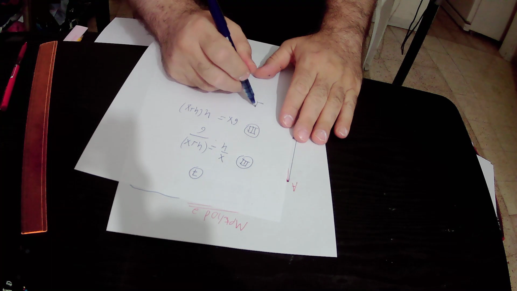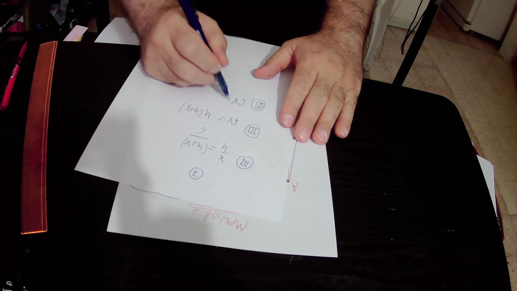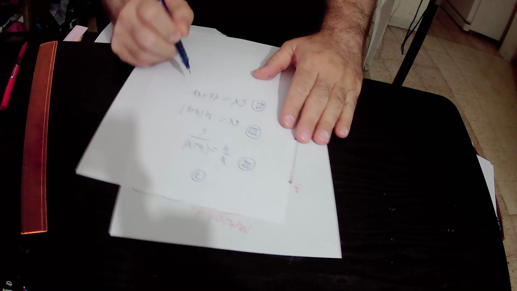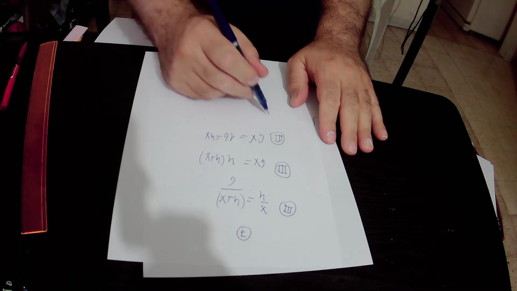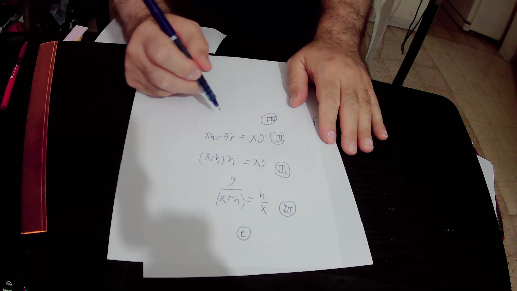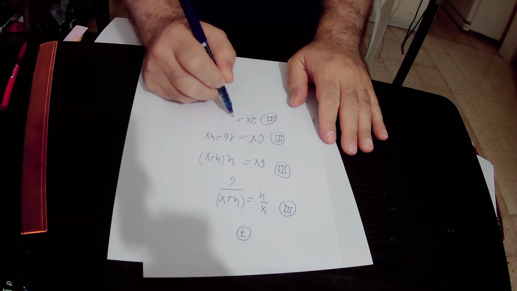So here we will open the brackets on this side of the equality, and we will get that 6x equals 16 plus 4x. Here we will subtract 4x from this equality, and we will get that 6x minus 4x is 2x equals 16.